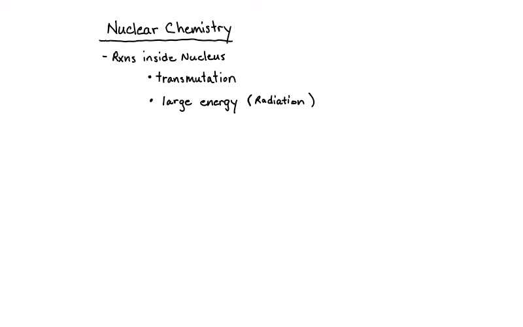In fact, there are different types of radiation, and they differ in the way that they interact with matter and the way that they interact with magnetic and electrical fields.